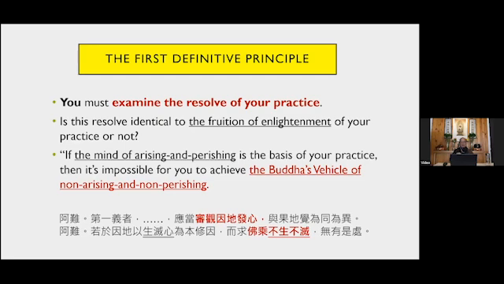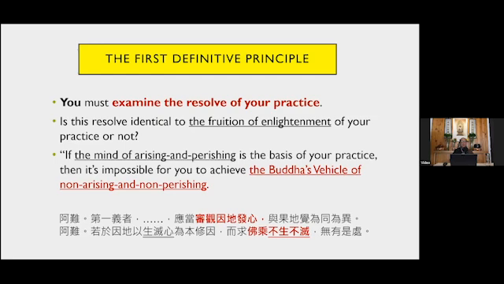non-arising and non-perishing. That means whatever has the phenomena of arising and perishing is not what we want. All the phenomena, all the Dharma, if they are in accord with the so-called arising and perishing patterns, then that's not it.